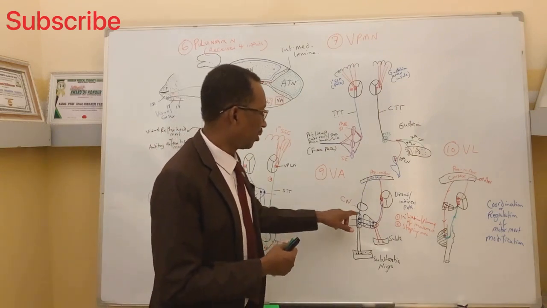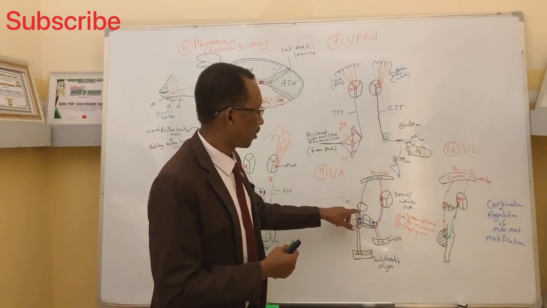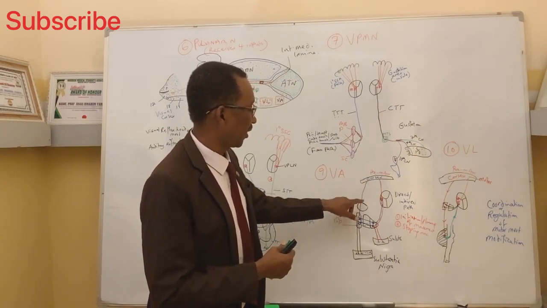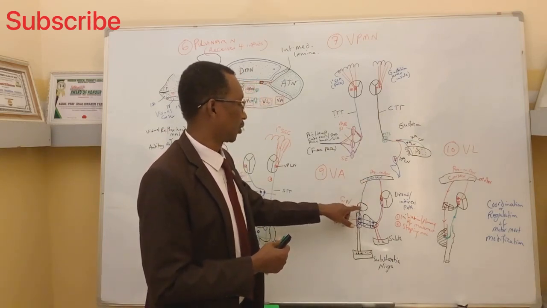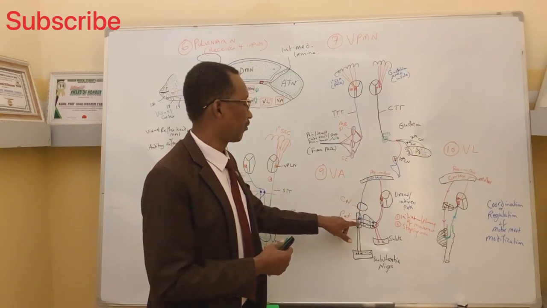Similarly, some of the fibers from the premotor cortex pass through the caudate nucleus and the putamen of the basal nucleus.